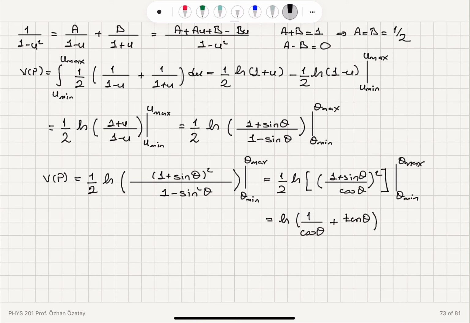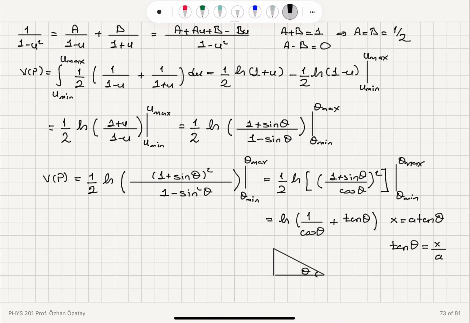So I remember that x was a tangent theta. Therefore, I have tangent theta is equal to x over a. What about cosine theta? Well, if I form a right triangle here, I can figure out what cosine theta should be in that case.